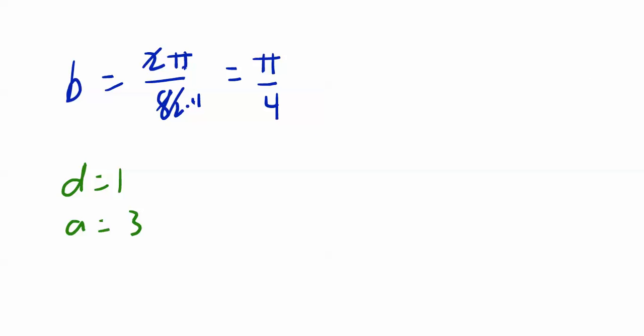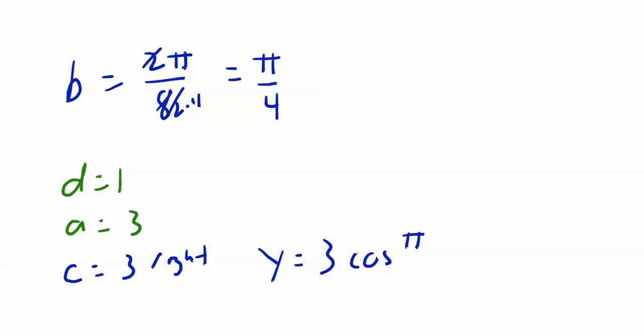So C is 3 to the right. So my cosine equation should look like y equals 3 from A, and then cosine of pi over 4 times x minus C, which was 3 to the right, so it's a minus 3, and D was plus 1. There's your equation.